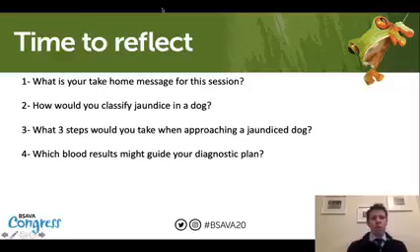So just a couple of minutes to reflect on the take-home message for this session. It is important to think carefully about how you classify jaundice. Work through that diagnostic algorithm. Is it pre-hepatic, hepatic, or post-hepatic? And how can you differentiate between those things? Important to do a hematocrit.